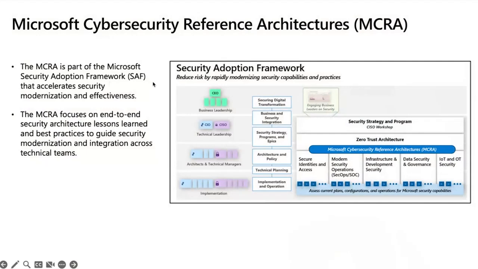Under this we see lots of different reference architectures, and they give you an idea about how we can go for different kinds of security implementations: what comes in securing the identity, the infrastructure, the DevOps environment, and the IoT and OT environment.